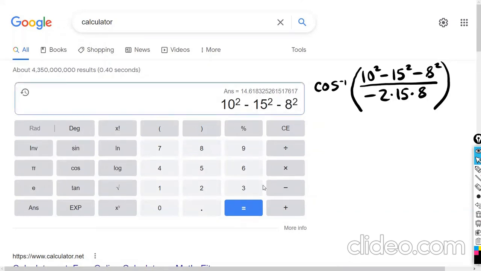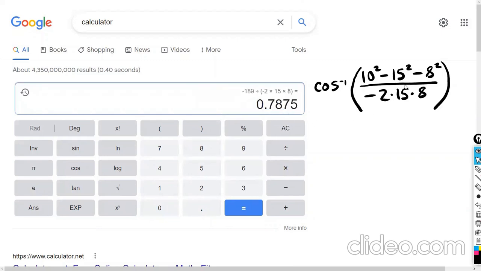That's my numerator. Click equals, and then take that answer and divide by parentheses -2 times 15 times 8, close parentheses. Click equals.